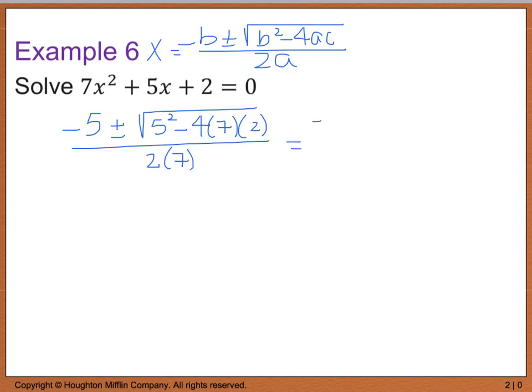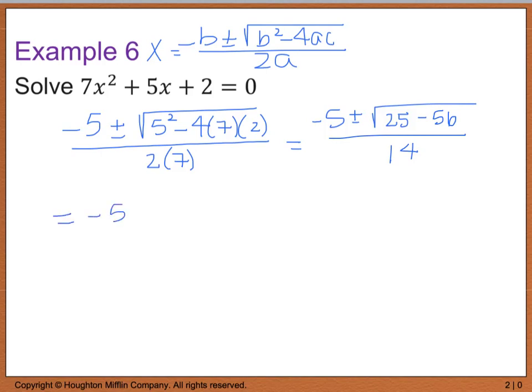So we end up with negative 5 plus or minus the square root of 25 minus 56, divided by 14. So now if we simplify that, we have negative 5 plus or minus the square root of 31, and that's a negative 31, divided by 14.